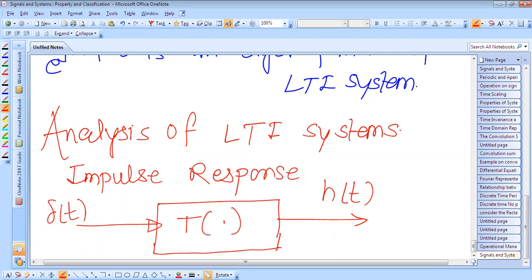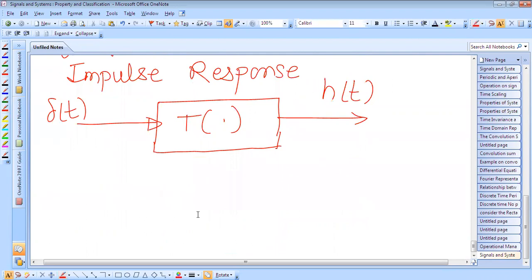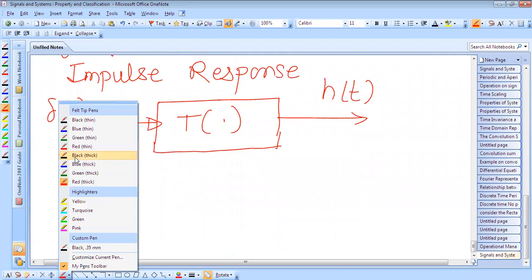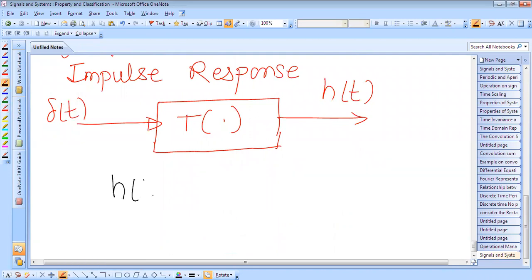Therefore, we can write the output of the system h of t is equal to T of delta of t, and the output of a linear time invariant system corresponding to impulse input is the impulse response of the system.